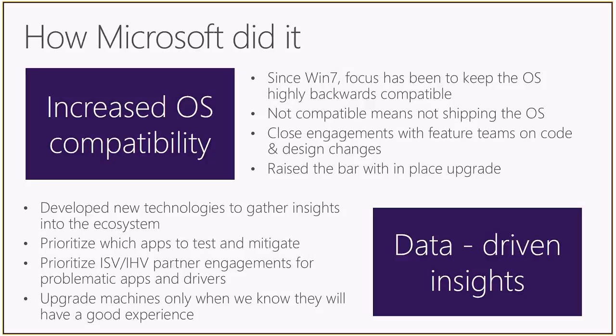And then they took that data not only to make Windows 10 much better as future versions of Windows 10 are released, but they were able to share that data with their ISV partners, their independent software vendors, that's Citrix, Adobe, 1E, Oracle and so forth, and their IHVs, which are their hardware vendors, whether that's Dell, Lenovo, HP, all the big hardware players. They're able to share that insight data from actual machines around the world and say, here's what's causing the crash, here's the problem, and based on that, they're able to work with those vendors to make that product much more stable, and that data is also available now to the end users, which we'll show you a little bit later on as well.